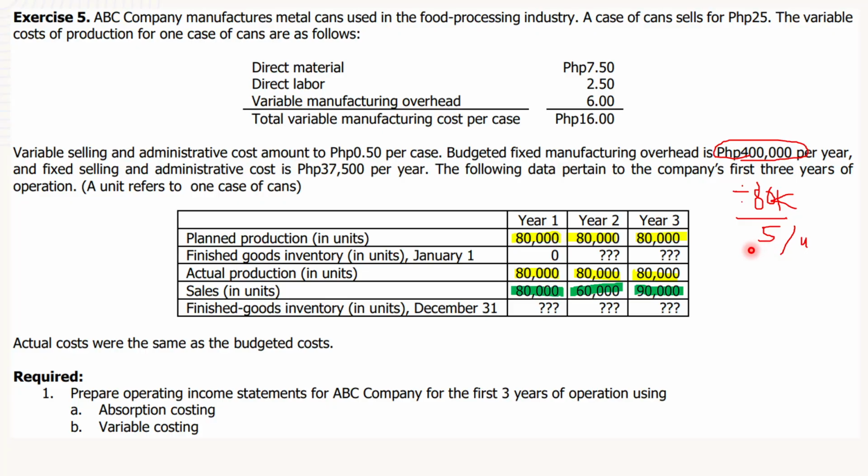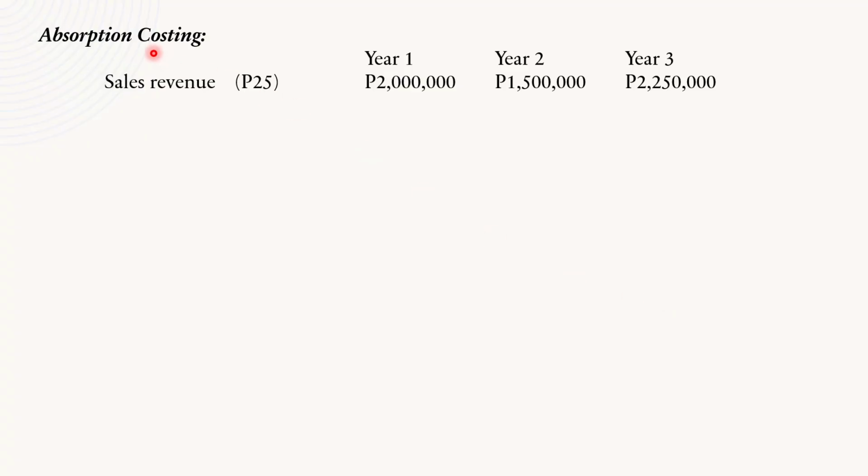Then the variable selling expenses is 0.5. The fixed selling and admin is 37,500 per year. So year 1, sales units 80K. Year 2, 60K. Year 3, 90K. So let's start. In preparing absorption costing income statements, in year 1, we will have 25 times 80,000, 2 million.